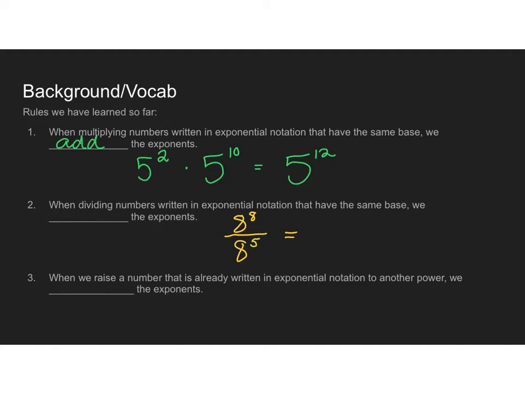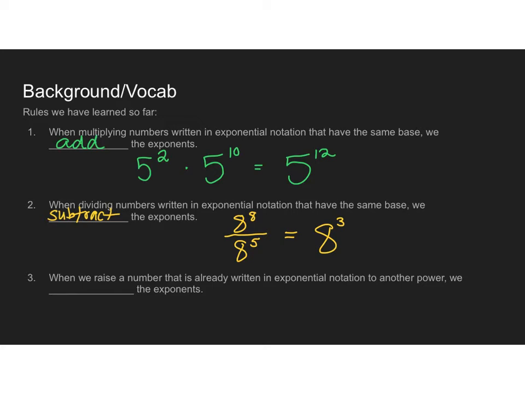This would simplify to be 8 to the 3rd power, and the reason why is that when we divide numbers that have the same base and are written in exponential notation, all we have to do is subtract the exponents.